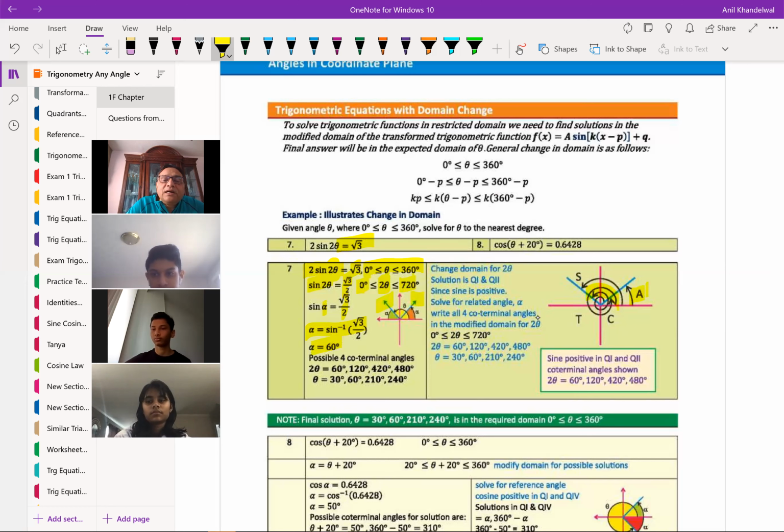But since our domain has increased up to 720, we will now add 360 to each and get the other two possible values. So 2 theta, whose domain is from 0 to 720, will be 60, 120, 420, 480. How did we get 420 and 480? We added 360 to 60 and 120. You get the idea.